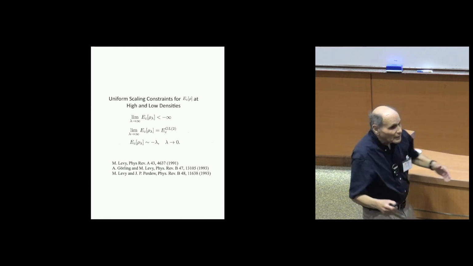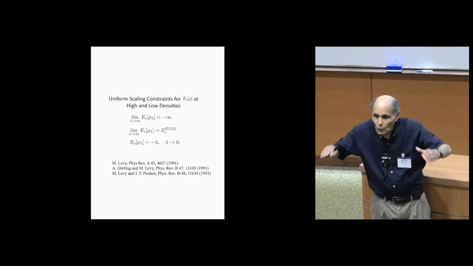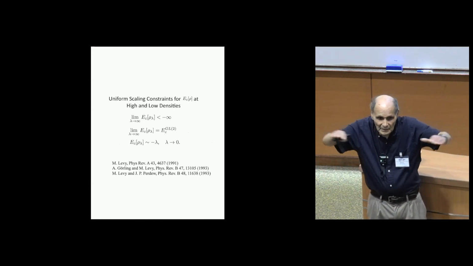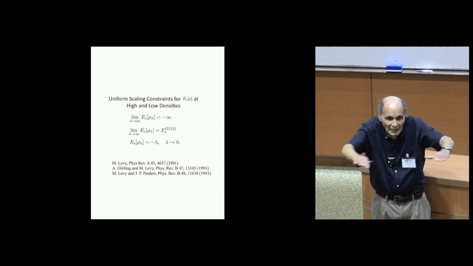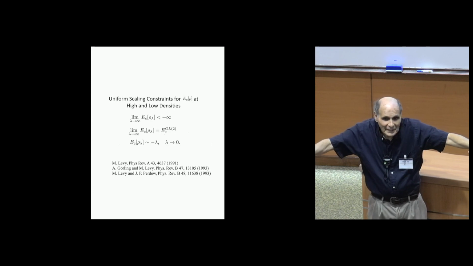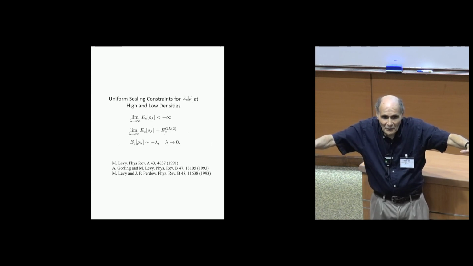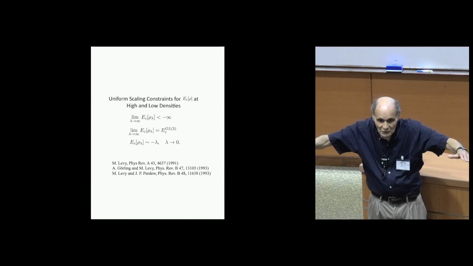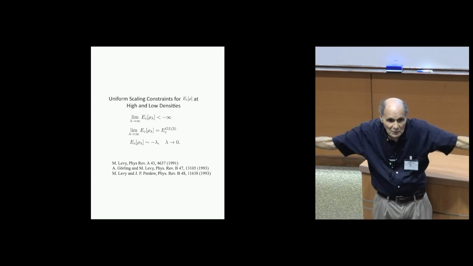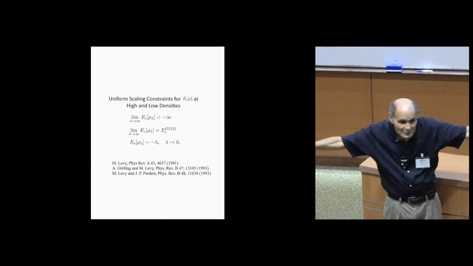This is not true for a uniform gas. The Gell-Mann-Brueckner result is that for the uniform gas the correlation energy goes logarithmically to infinity. So it seems to violate that, but of course that's a different situation.